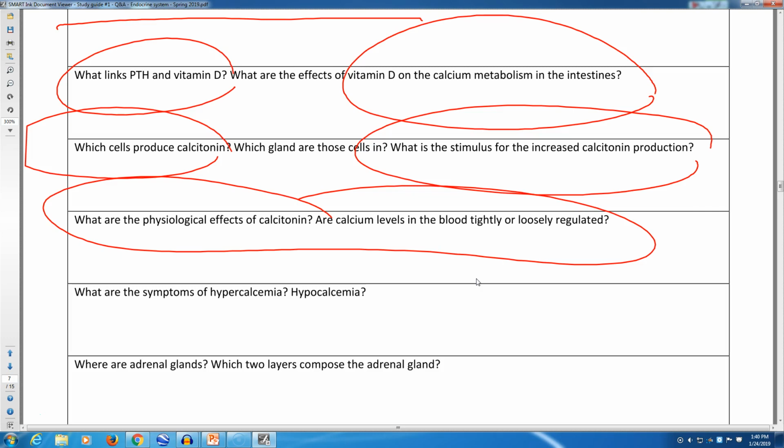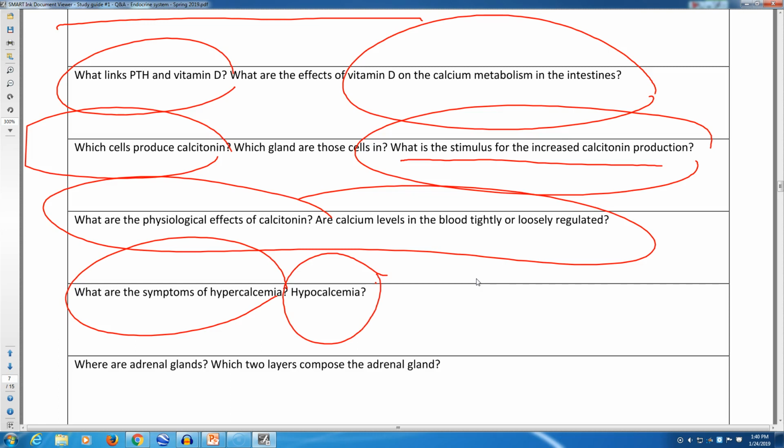What is the stimulus for calcitonin? High calcium. What is the physiological effect? Go down. Make sense? Hypercalcemia: muscle weakness, kidney stones. Hypocalcemia: overactivation of muscles and nervous system, tetanic muscle contraction.